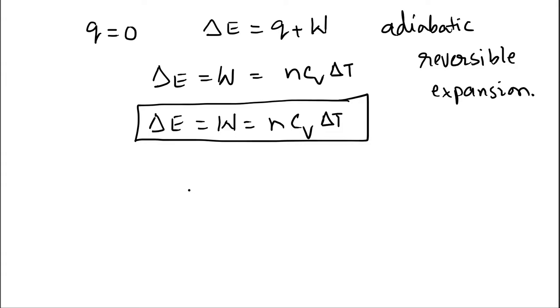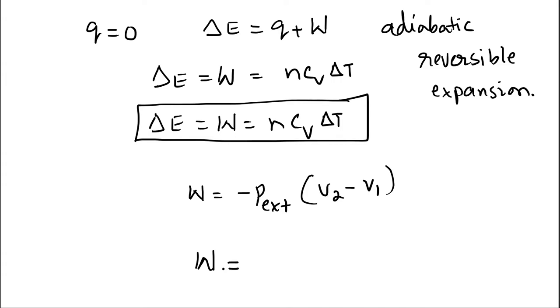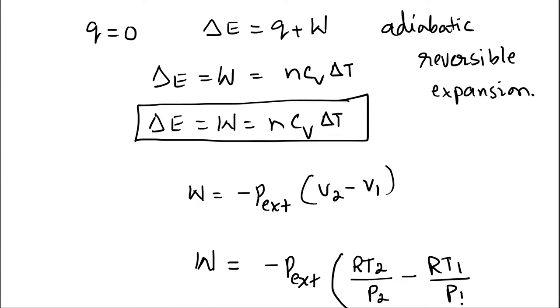And also work we can write as negative P external times V2 minus V1. Therefore work equals negative P external times, what is the V2? RT2 over P2 minus RT1 over P1.